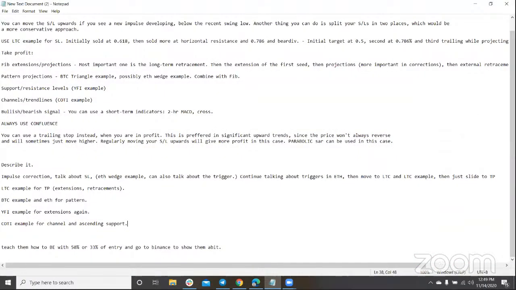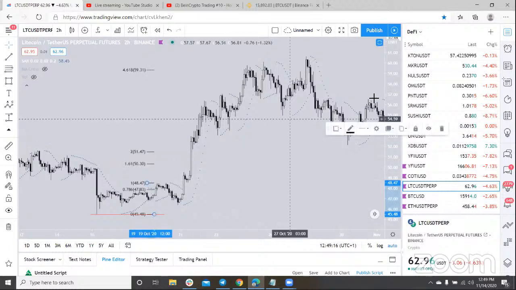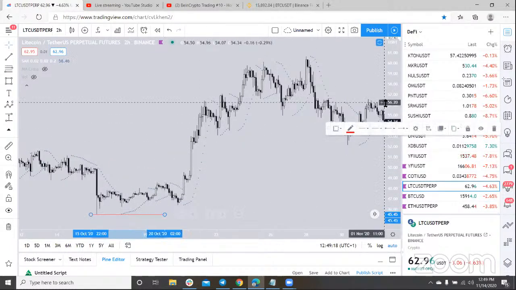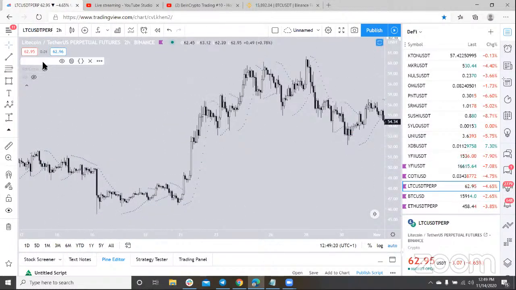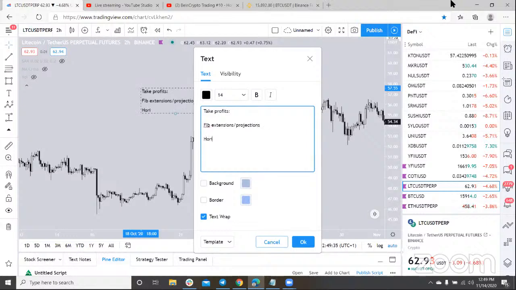Now I'm going to talk about take profits. Now there are several ways to take profits. I prefer fib levels. You can use horizontal levels.